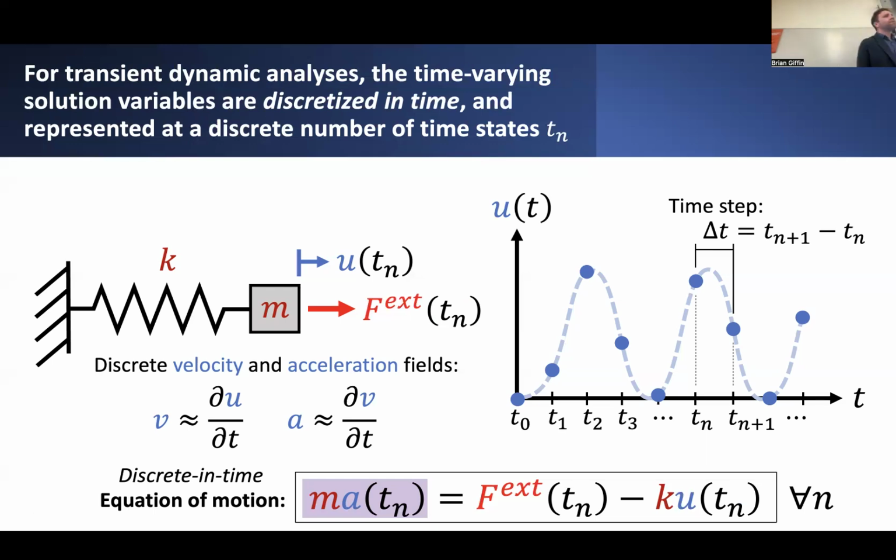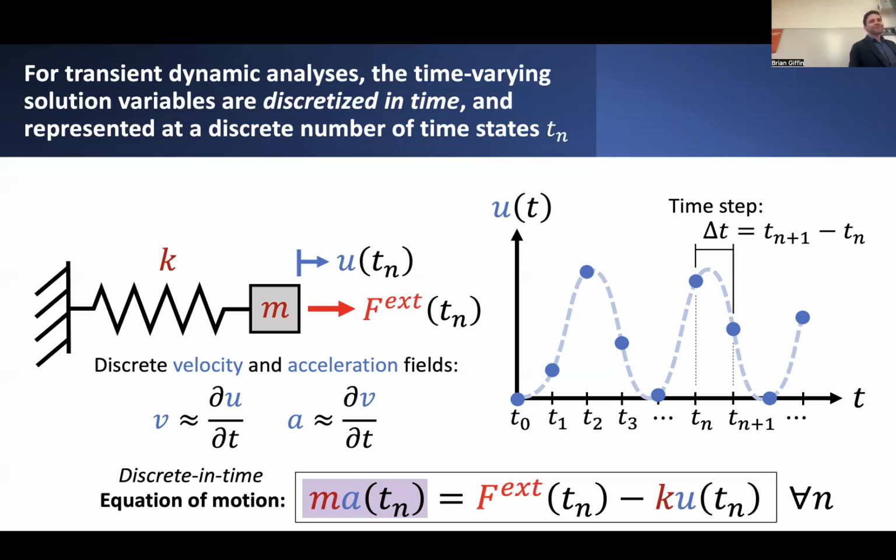Now, the other distinction that I want to point out is that when I discretize this problem in time, I also have to introduce a few additional variables. It sufficed before to assume that if we're solving this continuous in time equation, then we could treat the acceleration of the structure as just the second time derivative of the displacement field.